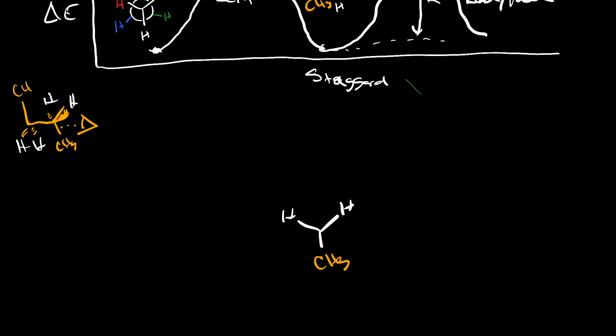And then looking down the back, you have that CH3 and those two hydrogens here, and those are actually completely separated. So they're staggered, but in this particular conformation, they're actually anti to each other. Okay, so they're completely opposite, right?